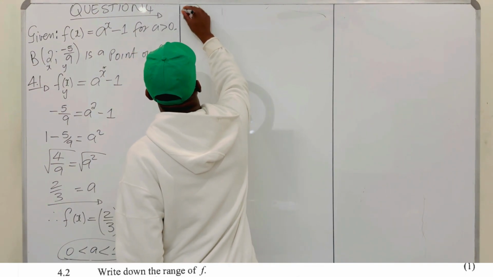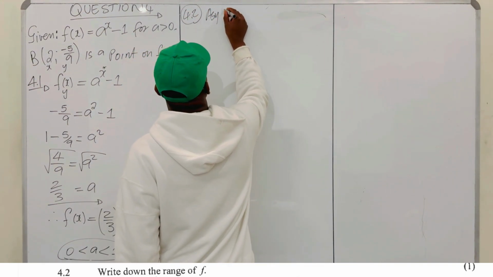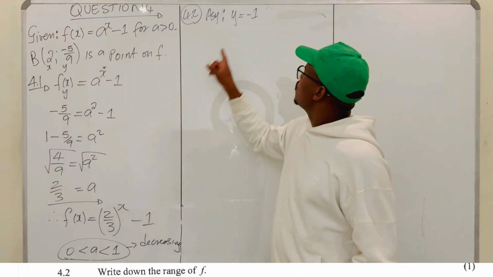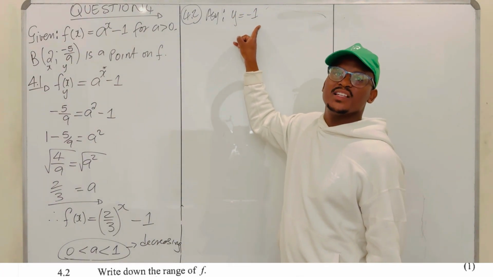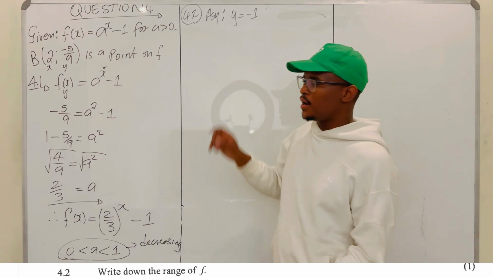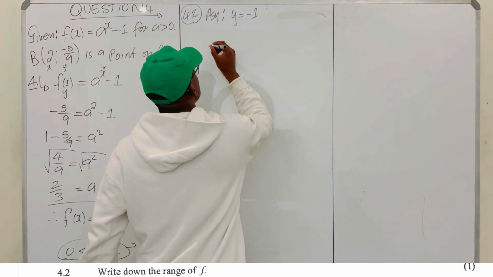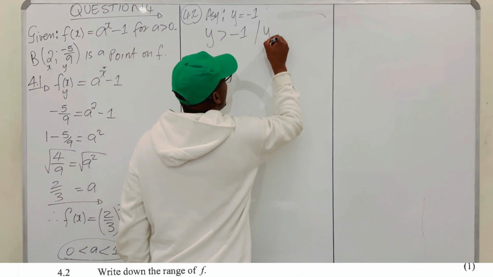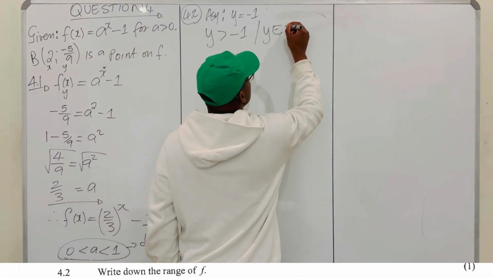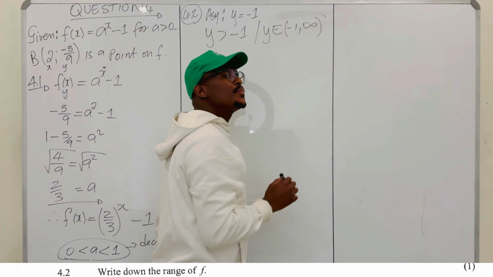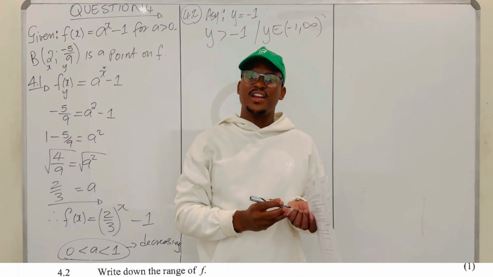This is 4.2. Your asymptote is sitting at y is equal to minus 1. Are you with me? So your function will be above this. Your y value should be greater than minus 1, or say y is an element of minus 1 to positive infinity, with minus 1 being excluded, of course, because we have a round bracket.